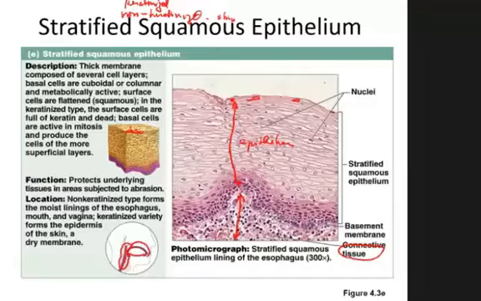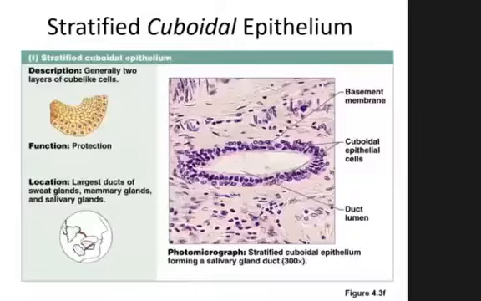Next, we're going to take a look at stratified cuboidal. Again, this is usually seen located at the ducts of glands. So what are they? The duct of the salivary gland, the duct of the mammary gland, and the duct of the sweat gland. Those ducts have two layers of epithelium on top of each other, and that is going to be this one.